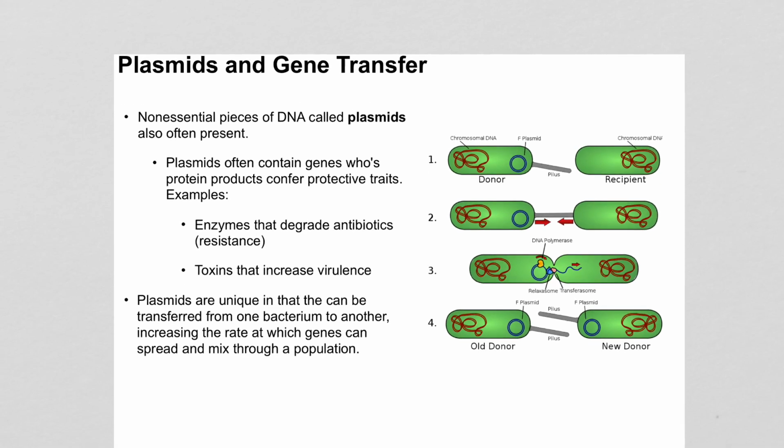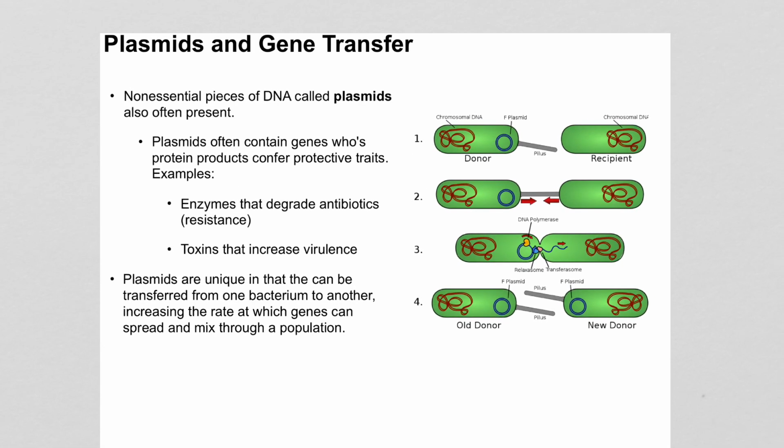So what that means is one bacterial cell develops resistance. It's possible for it to take a copy of the piece of DNA that codes for that resistance enzyme, pass it on to another cell. This increases the rate at which resistance can spread and makes it really difficult to keep control of.